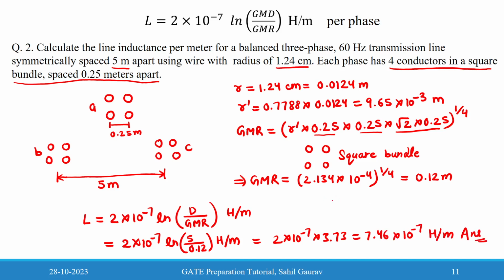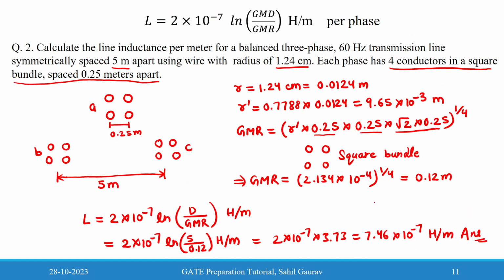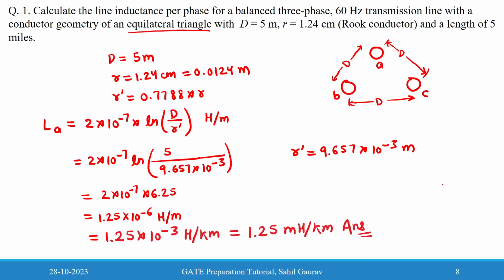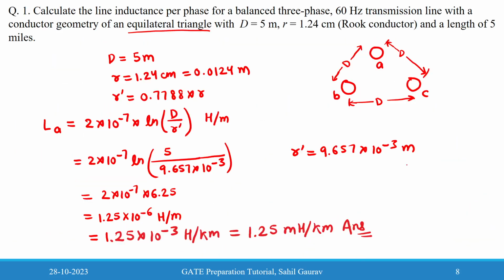So in the last problem, if you see here, the effective radius r dash is 9.657 into 10 to the power minus 3 meter. And now here, this is approximately 10 times bigger than what we got earlier.